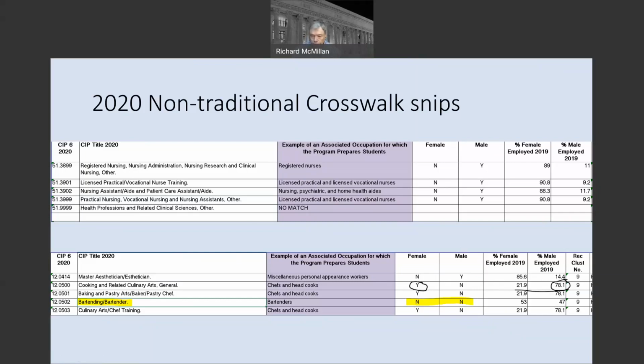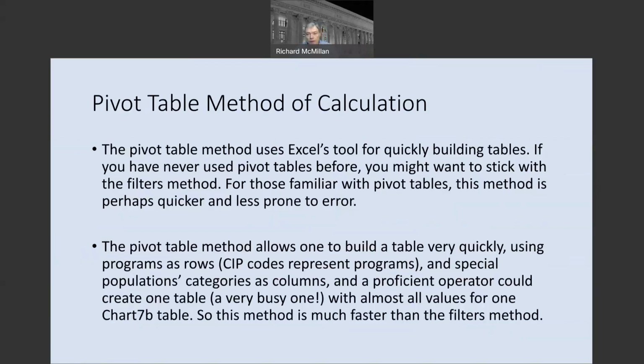Pivot table, method of calculation. The pivot table method uses Excel's tool for quickly building tables. If you have never used pivot tables before, you might want to stick with the filters method. For those familiar with pivot tables, this method is perhaps quicker and less prone to error.